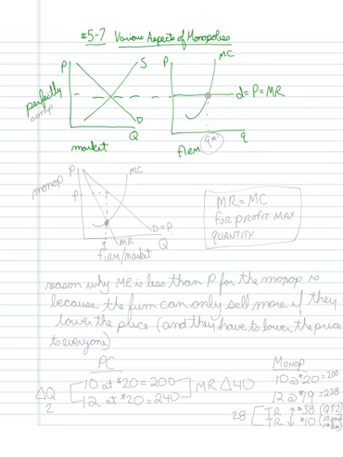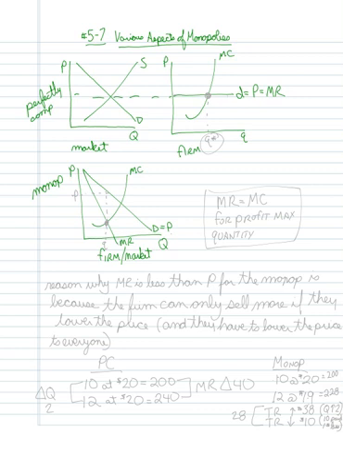If firms are perfectly competitive, they look like this. Then, if they are a monopoly, the firm is the market. Demand equals price, but my marginal revenue is steeper, and I have marginal cost.